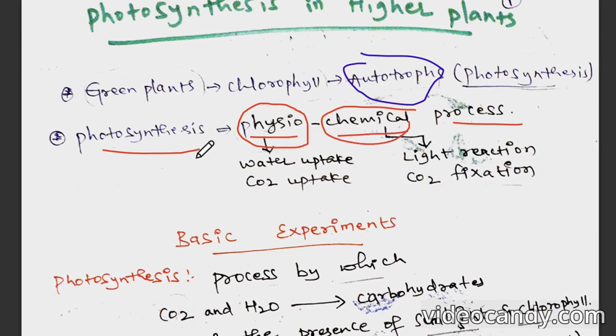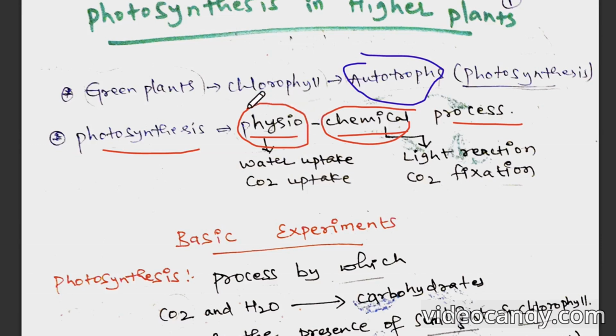As we already know, for photosynthesis we need carbon dioxide and water in the presence of sunlight and chlorophyll. The physiological process in photosynthesis is water uptake and carbon dioxide uptake. Carbon dioxide is taken inside by the plant through the stomatal pore, and water through the roots.